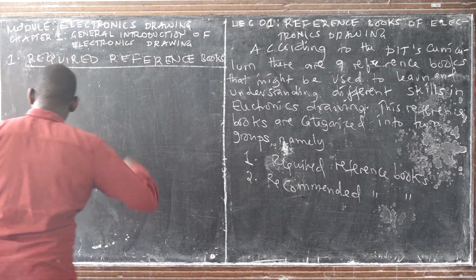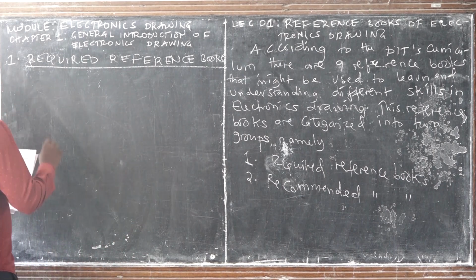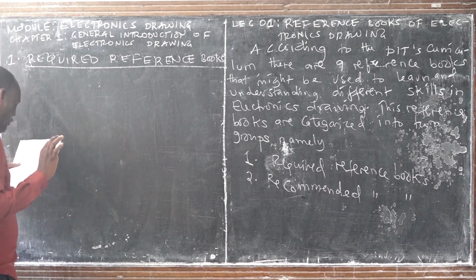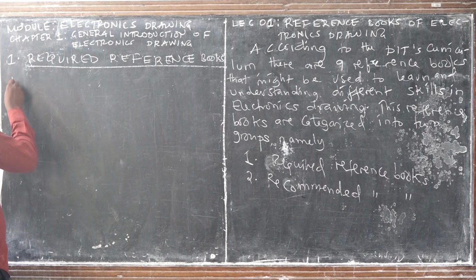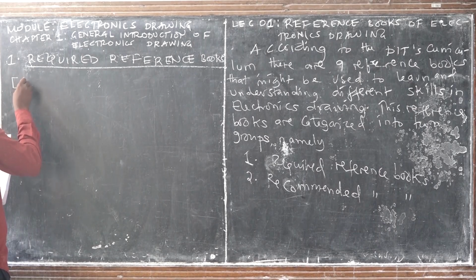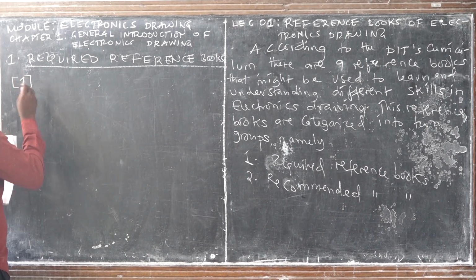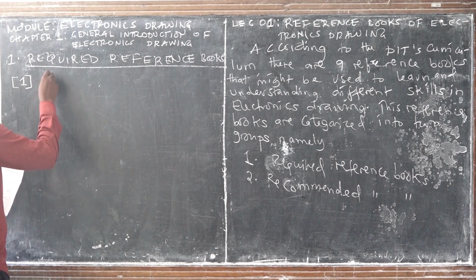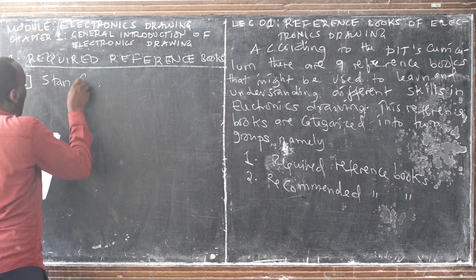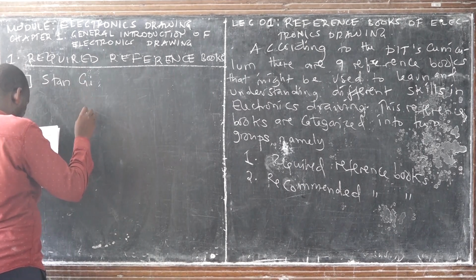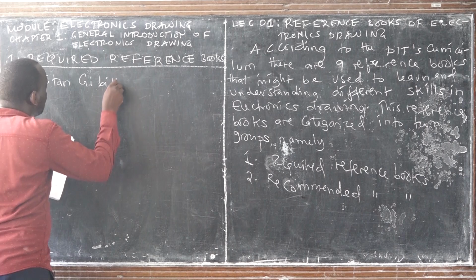So, there's a way that you use to write these reference books. Don't write anything, just look on the blackboard. The way we write this reference book, this number 1 has a meaning, and this square bracket has a meaning. This is the name of the author. I say don't write anything, just look on the blackboard.